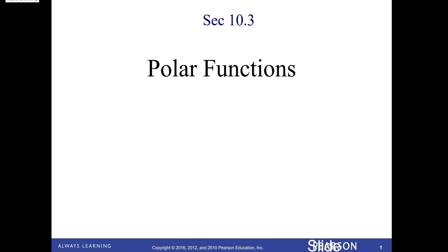Okay, section 10.3 is on polar functions. So we're going to talk first about polar coordinates and rectangular coordinates. If we have a graph like this, and we have a point at root 3 over 2, comma 1/2, this point should look familiar to you.